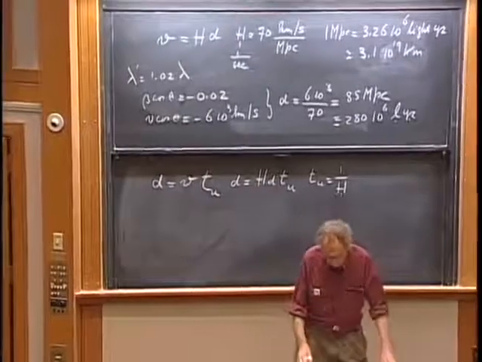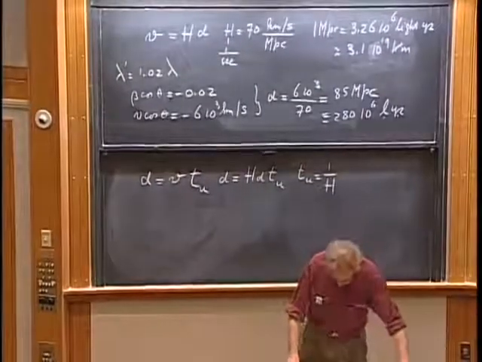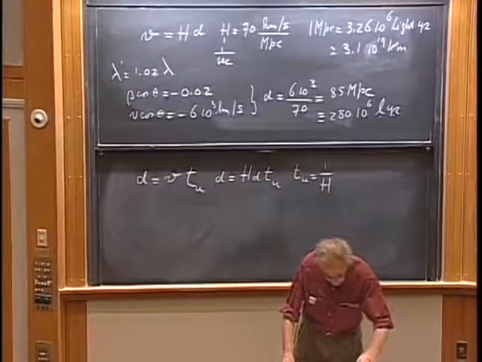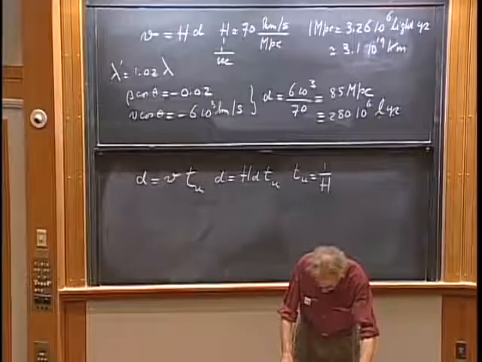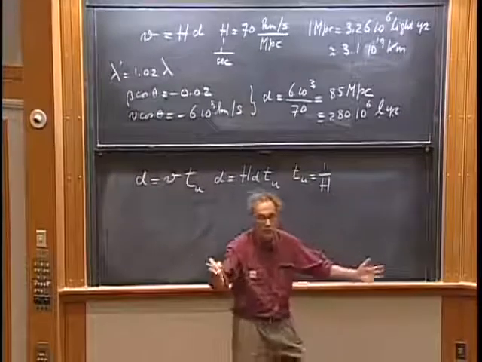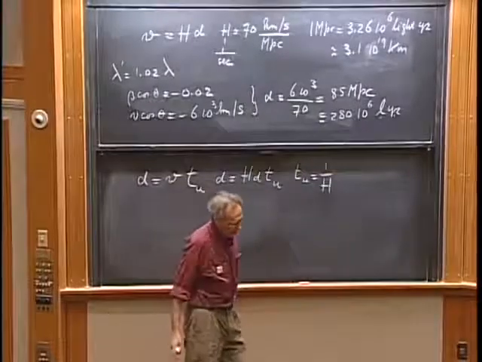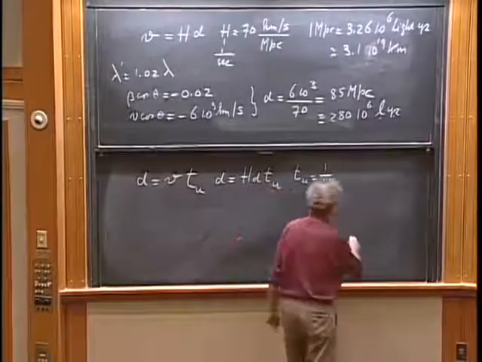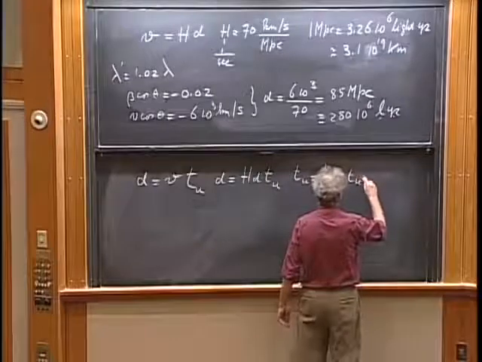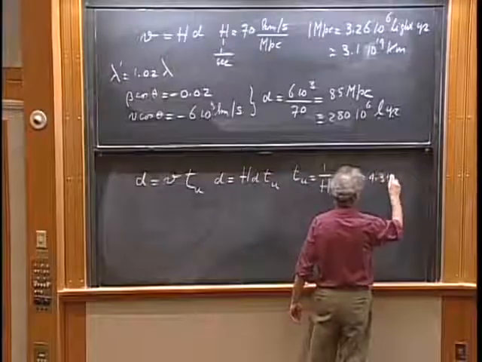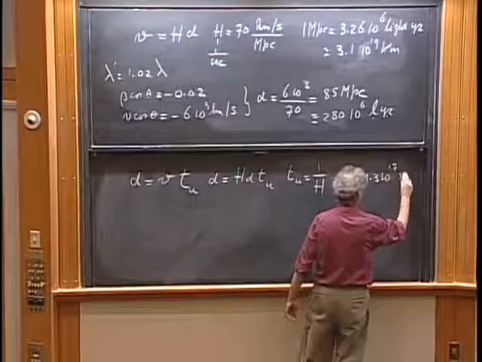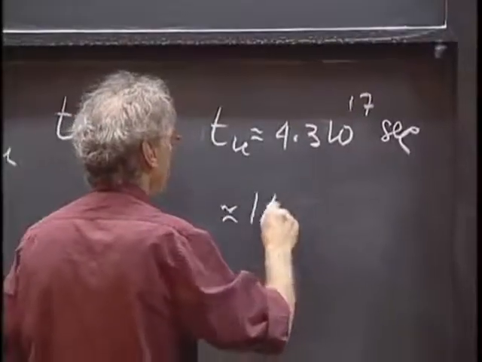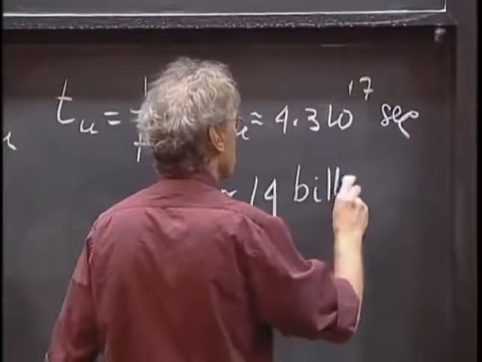And if you use the value for H of 70 kilometers per second per megaparsec, then you will find that the age of the universe, you can check that for yourself, is 4.3 times 10 to the 17 seconds. So t_U comes to about 4.3 times 10 to the 17 seconds, which is about 14 billion years.